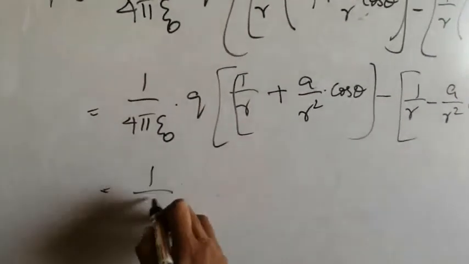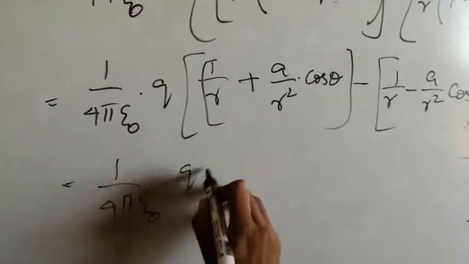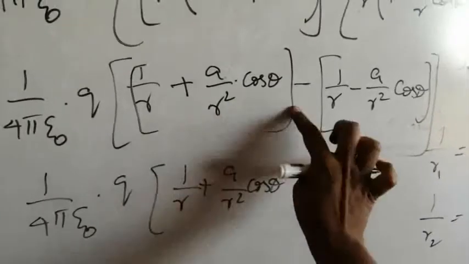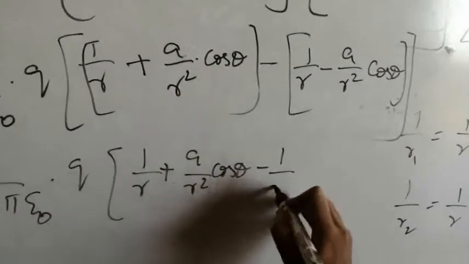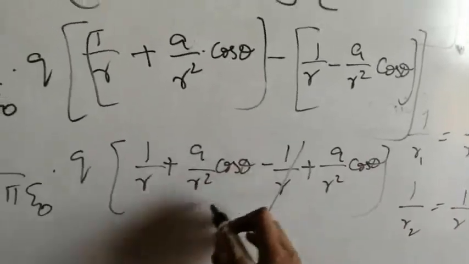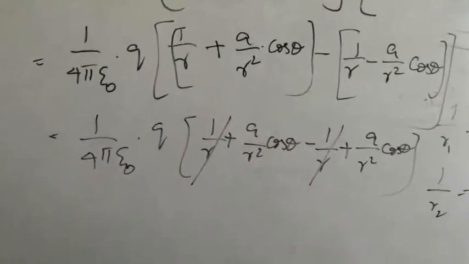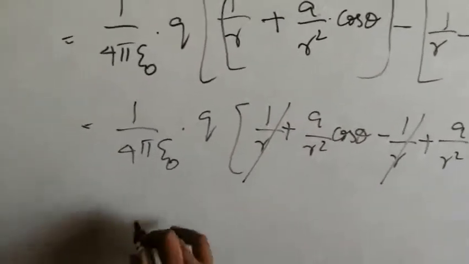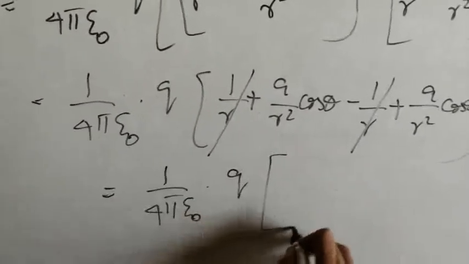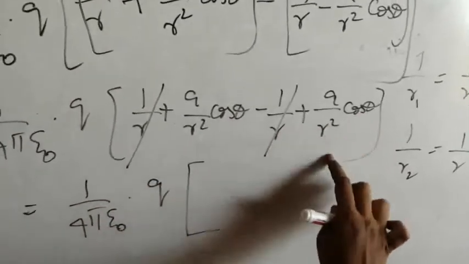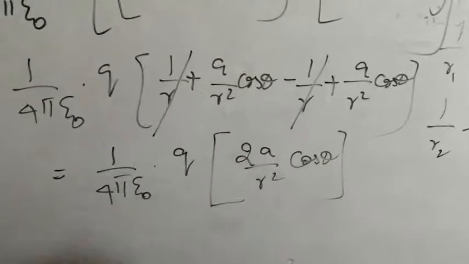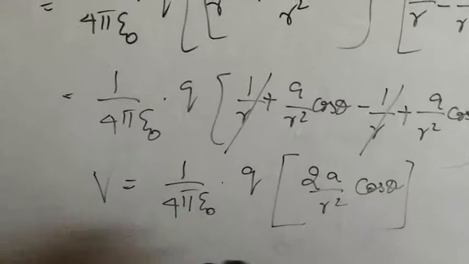So it is 1 by 4 pi epsilon naught into Q of (1 by r plus a by r square cos theta), and multiplying this minus here, minus (1 by r minus a by r square cos theta). Minus 1 by r plus 1 by r will get cancelled off. So this equation becomes 1 by 4 pi epsilon naught into Q of a by r square cos theta plus a by r square cos theta. So it is 2a by r square cos theta, which is my V value.